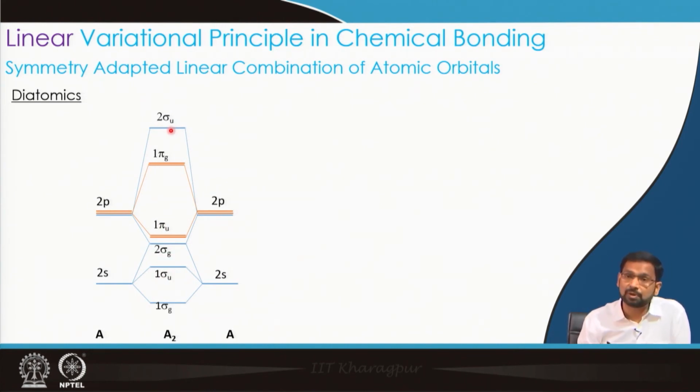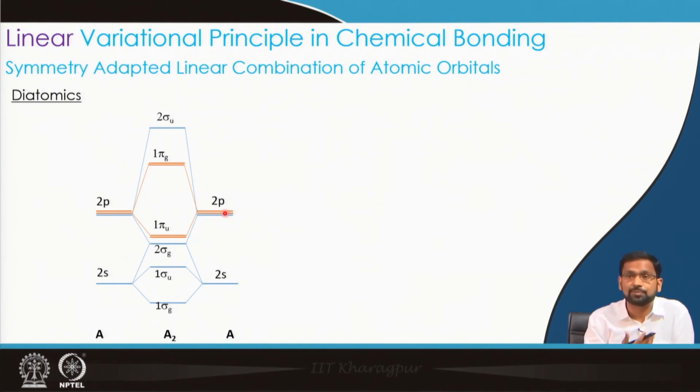Now, I solve this problem separately and then look at the orange problem, that means the pi orbitals. Now, I have got 2px and 2py. 2px and 2py orbitals represent a doubly degenerate irreducible representation. So, that means by definition they are also going to be degenerate. So, px and py would not get mixed within themselves.